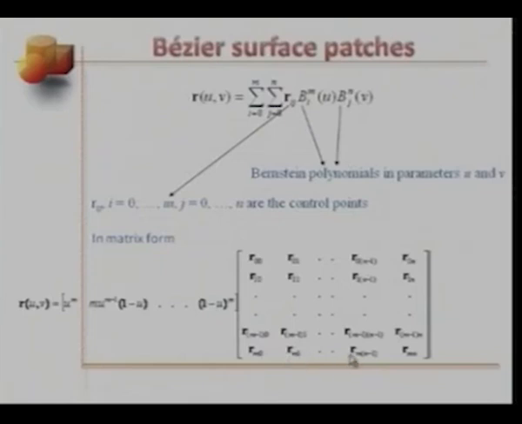The last but one entry in this row is R m n minus 1, and the eventual entry is R m n. And of course, we'll have the corresponding column vector where we place Bernstein polynomials in v.